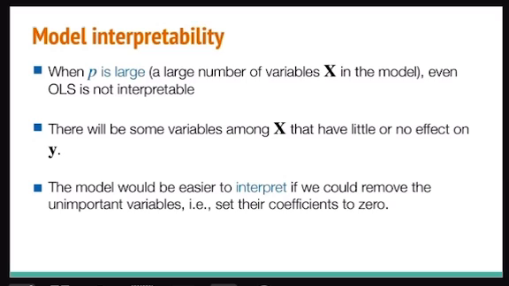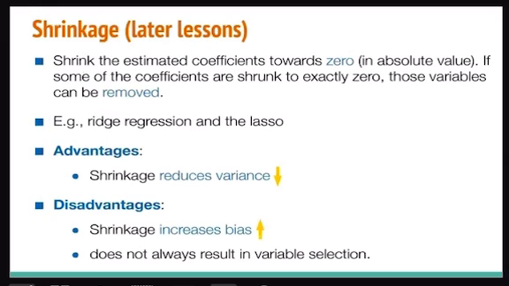Now, I want to talk about shrinkage. It is the method that will shrink the coefficients associated with unimportant variables to zero. We have two methods for shrinkage: one is ridge, the other is lasso. So there is ridge regression and there is lasso regression.